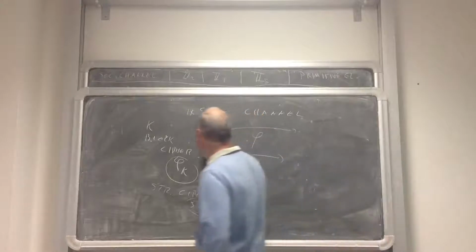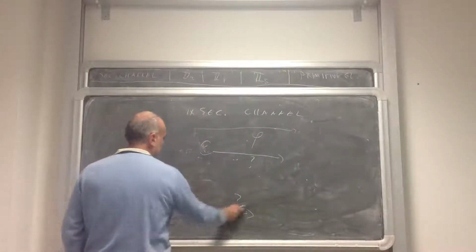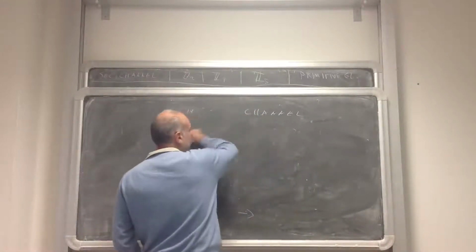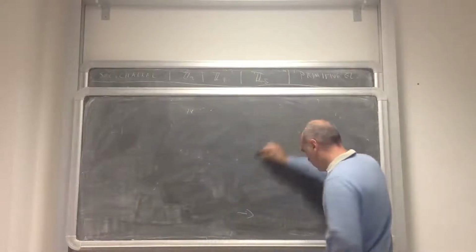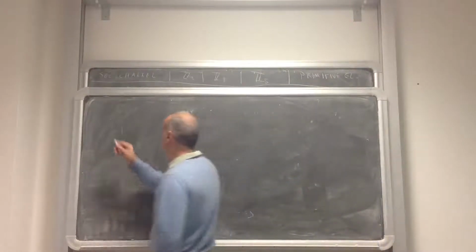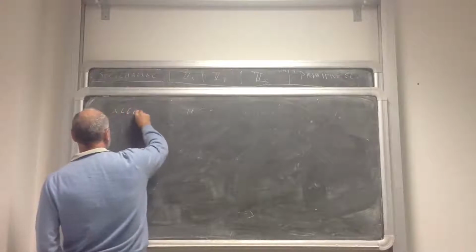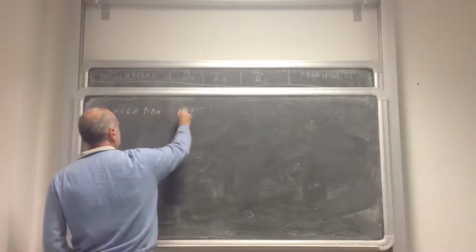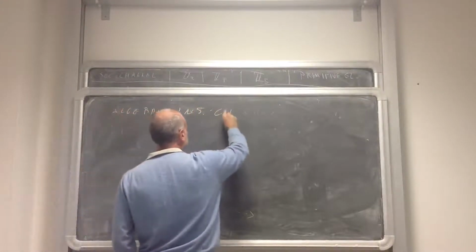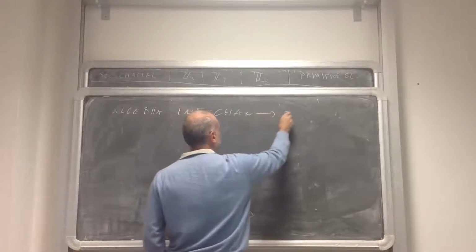Now we'll do a little bit of algebra, and that will be useful to show how we can do this. So some algebra will allow an insecure channel to become a secure channel.